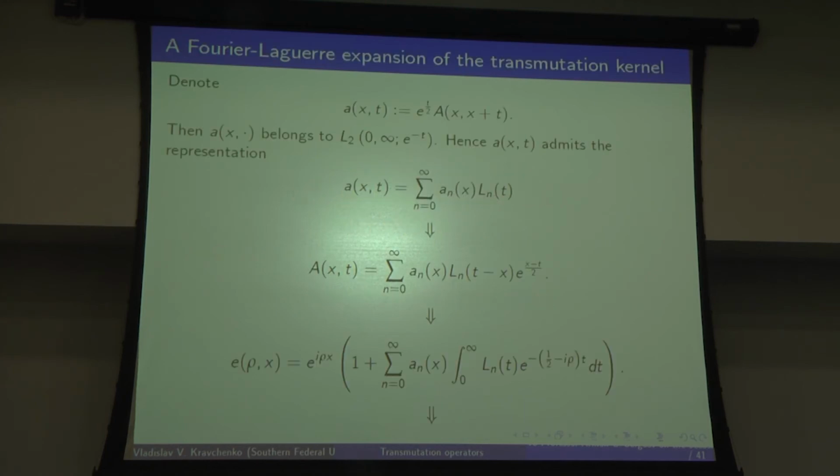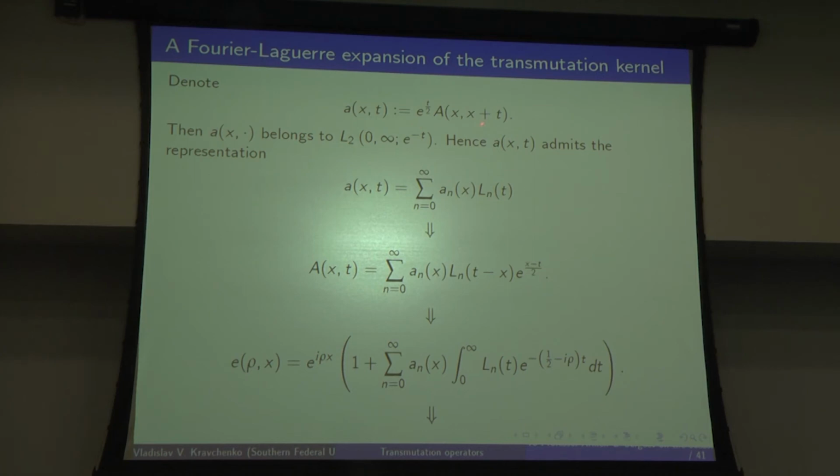Now, we use the fact that the kernel of the transmutation representation, the Levin representation, is in L2. It implies that this function A, we just changed the notation slightly, will be in L2 with this weight, okay?